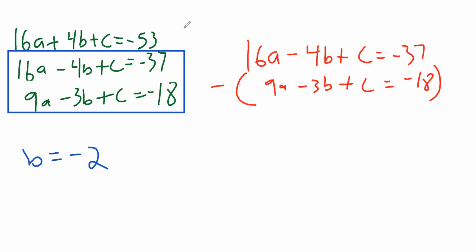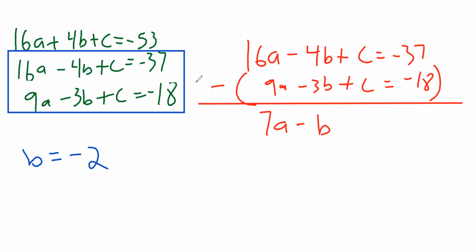And so now I can do that piece by piece. 16a minus 9a leaves me with 7a. Then I'm doing negative 4b minus negative 3b. That becomes negative 4b plus 3b, leaving me with just negative b.